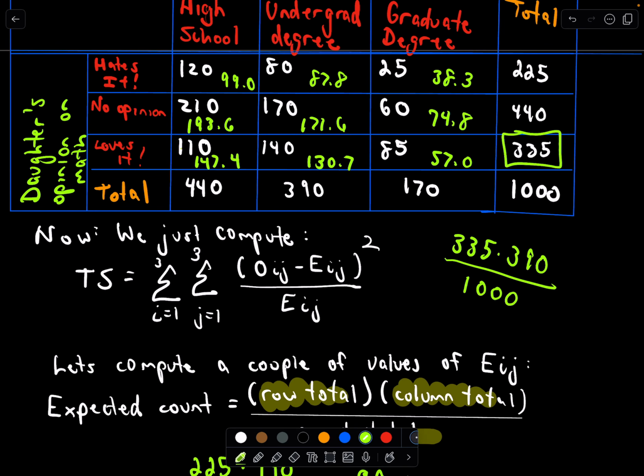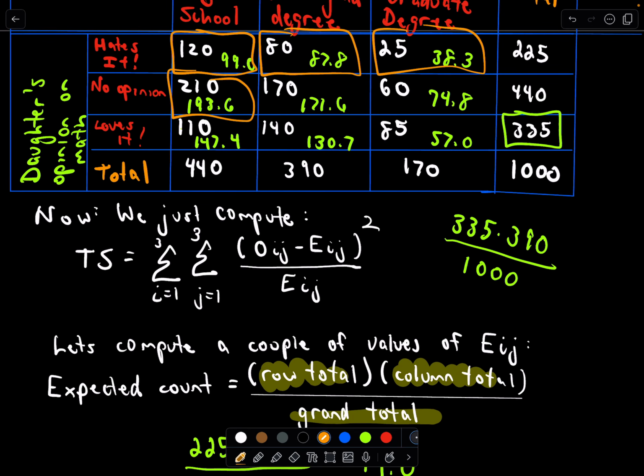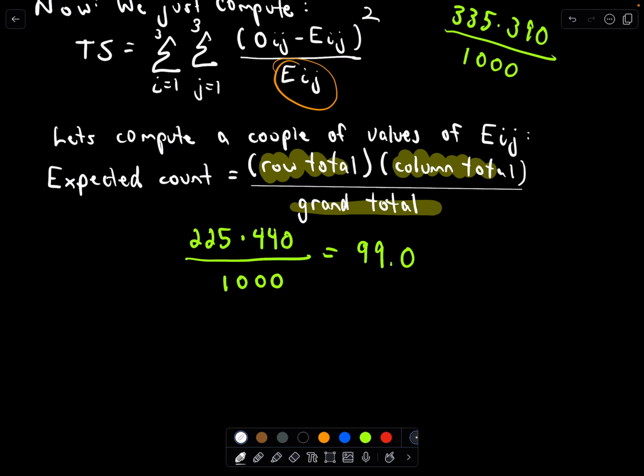Okay, so now I've got all of those expected counts, and all I'm going to do for each little box is take the difference, square it, and then divide by the expected count. So it says to compute that test statistic.